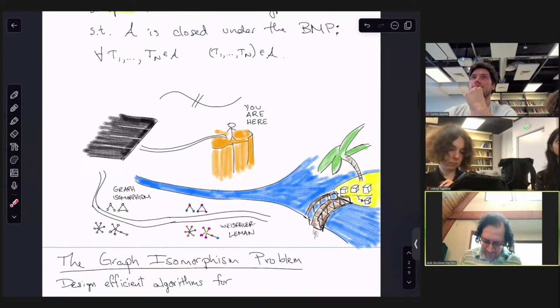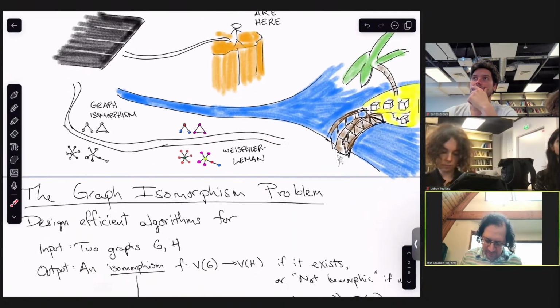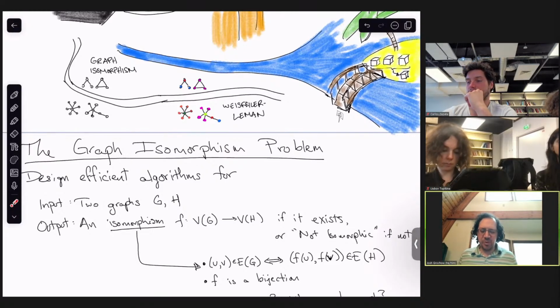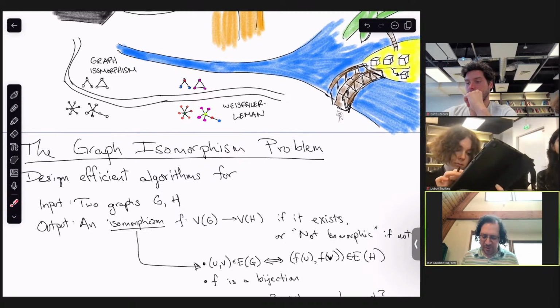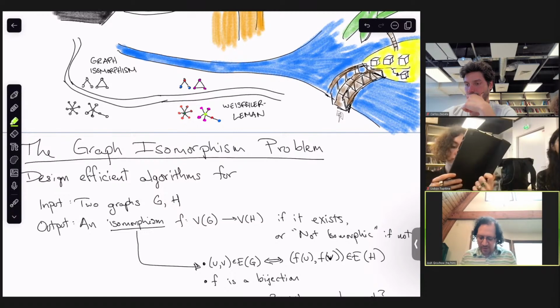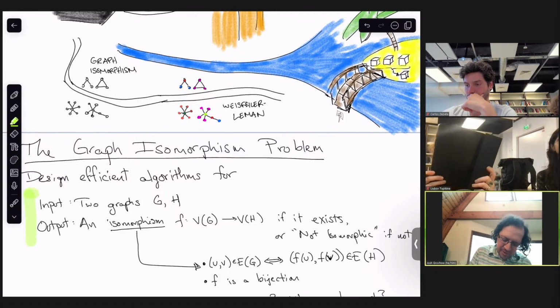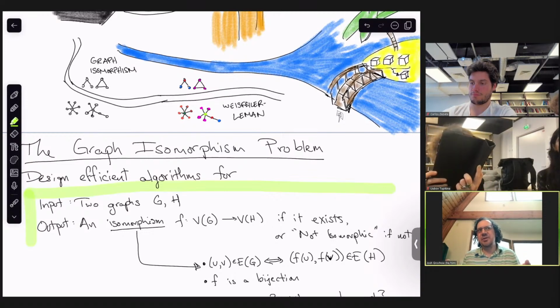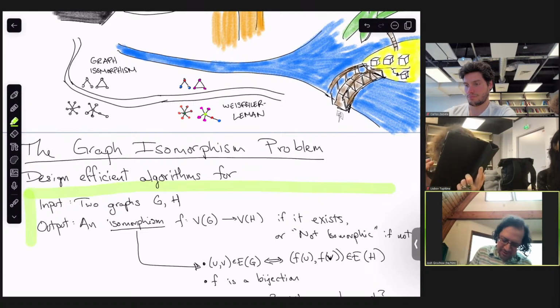Okay, so graph isomorphism. When computer scientists talk about the graph isomorphism problem, they mean the algorithmic problem. So we're trying to find efficient algorithms for this problem. The input to your algorithm is two graphs G and H, and they can be given to you however you want, but you could imagine they're given by adjacency matrices.